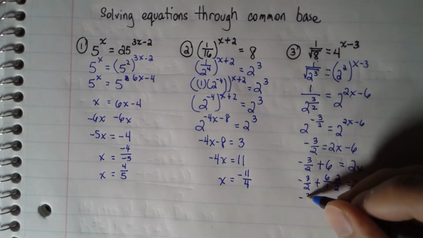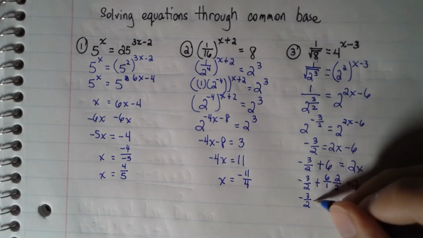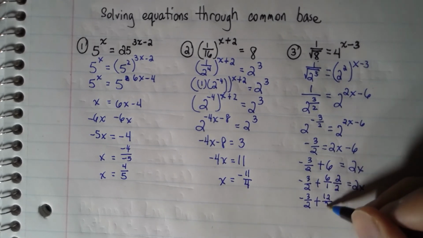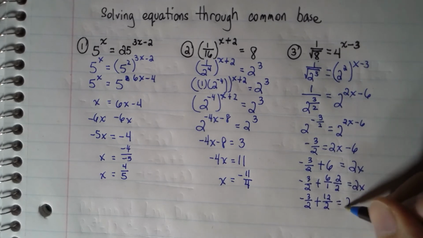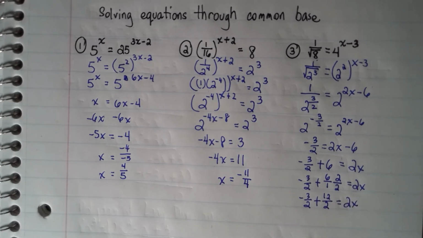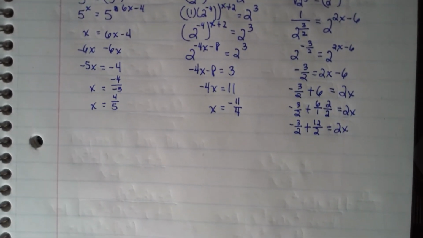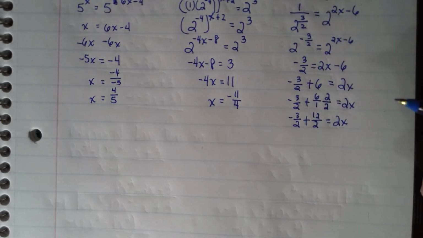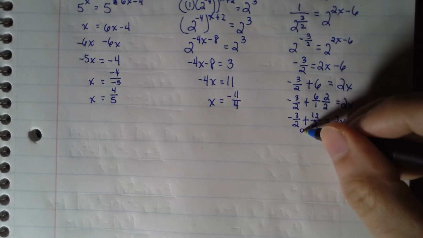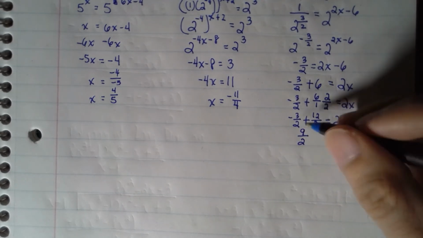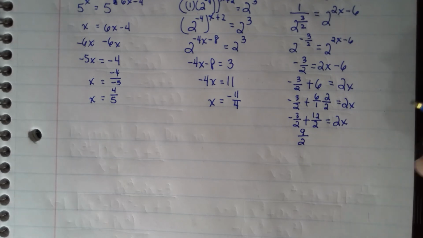Now we have negative 3 over 2 plus 6 times 2 is 12, and 2 times 1 is 2. As you can see, we now have a common denominator. Once we have a common denominator, we can finally add these two fractions. So negative 3 plus 12 is positive 9. And the denominator stays the same. You need a common denominator whenever you add or subtract fractions.